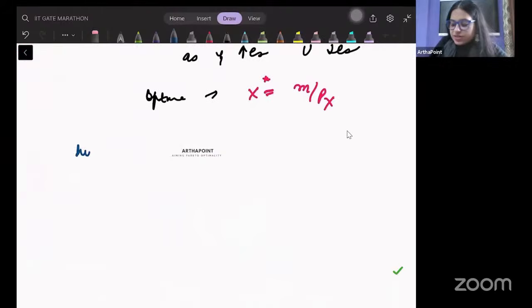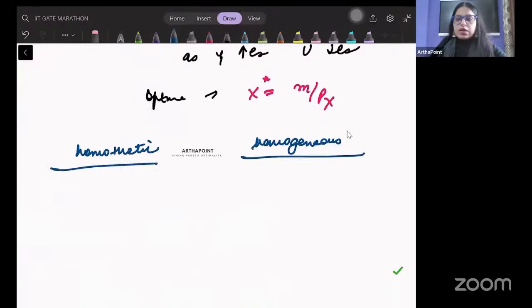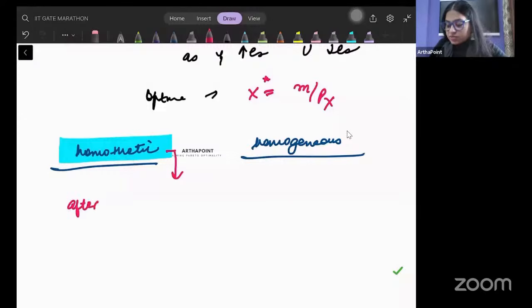There is a difference between a homothetic function and a homogeneous function. Homothetic function basically means that whether your utility function or your production function, after scaling, you are able to take that scaling factor out or not.